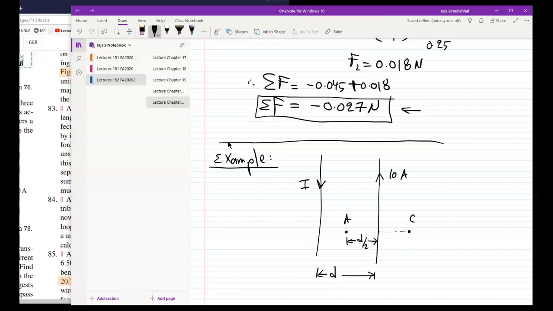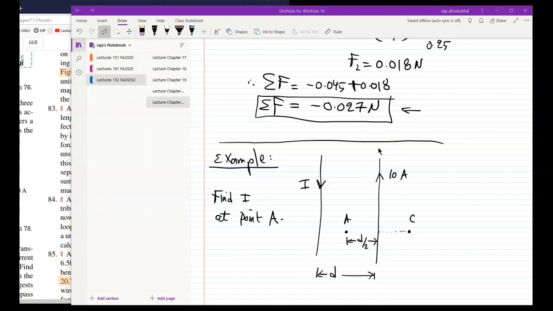Now the question is, there are 2 parts to it. Find B net at point A. I'm sorry, I'm reading it wrong.